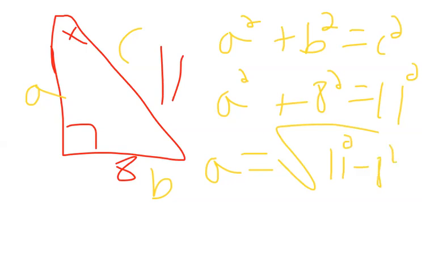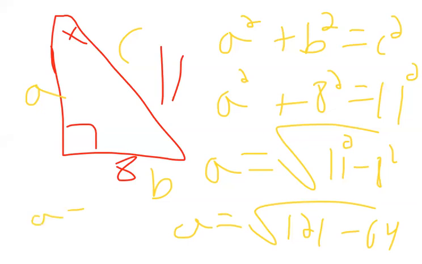Let's see if that gives a nice answer. 121 minus 8 squared. 8 squared is 64. So 121 minus 64 is 57, which doesn't help in terms of nice numbers, but we can still use it, no harm in that.